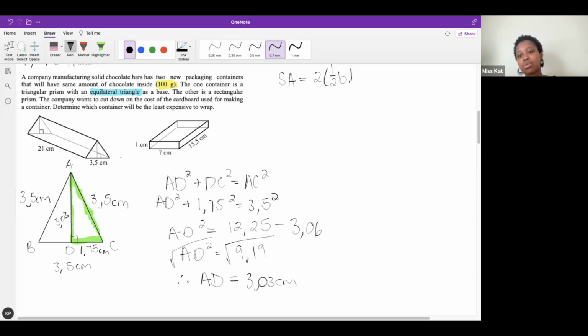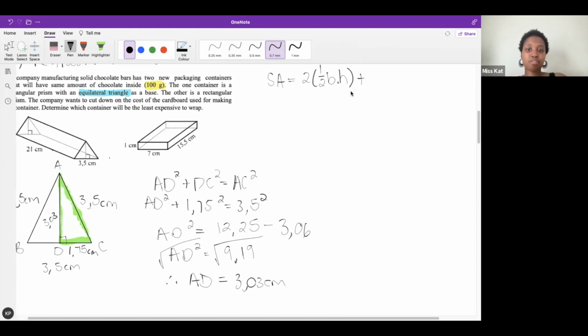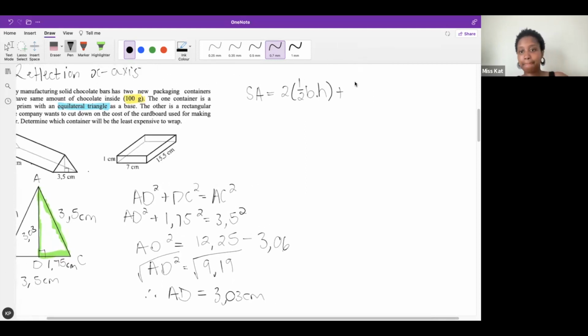Someone in the chat, tell me why I'm doing 2 times half base times height. Thank you, because there are 2 triangles. And then plus side 1, plus side 2, plus side 3 times height.